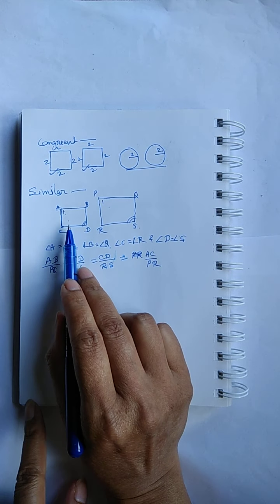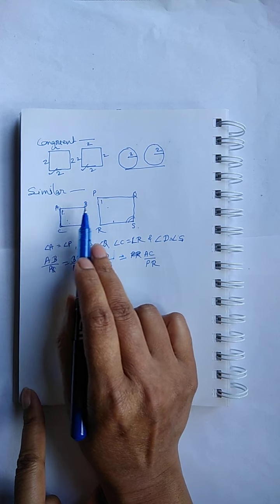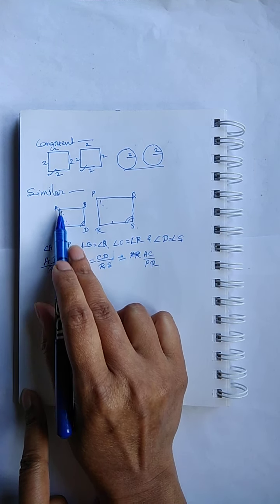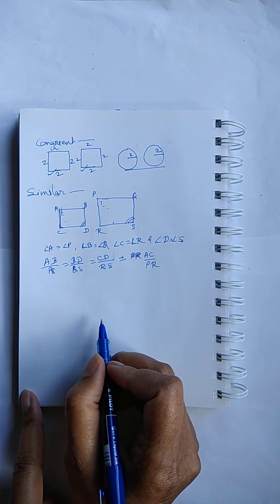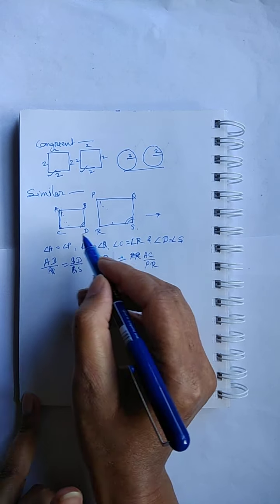So we can say two squares are similar when their corresponding angles are the same and their corresponding sides are in the same ratio. So this is for any polygon.